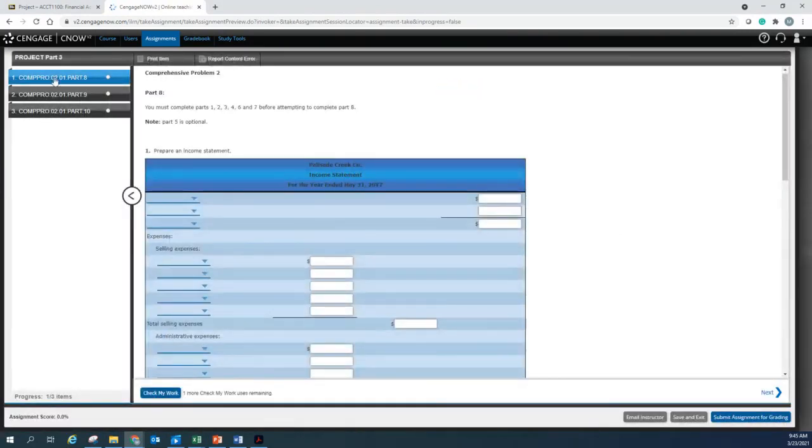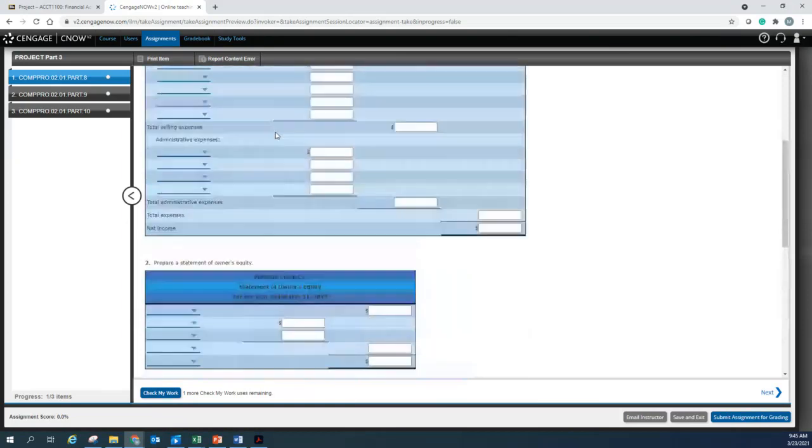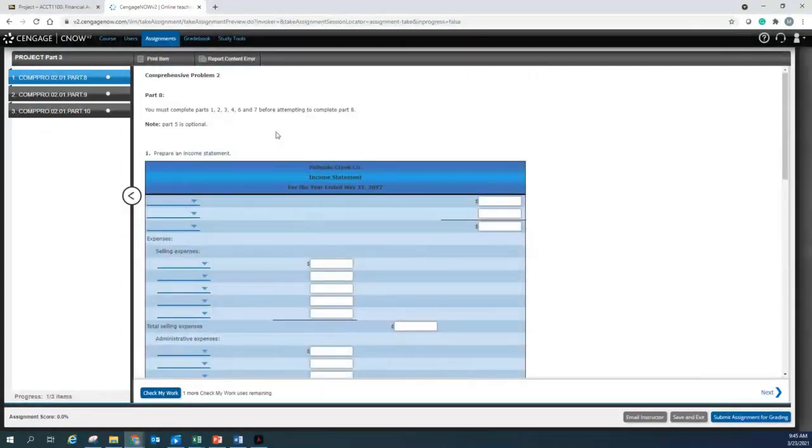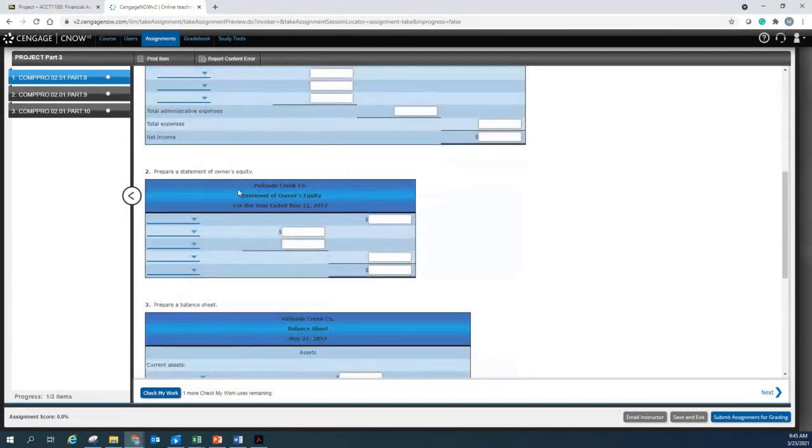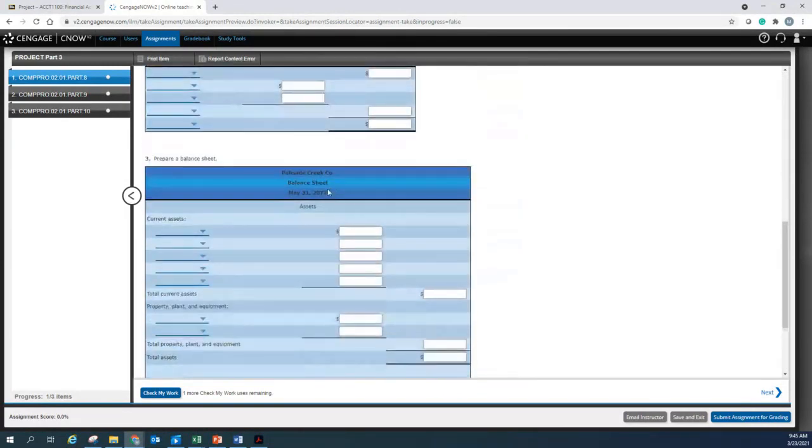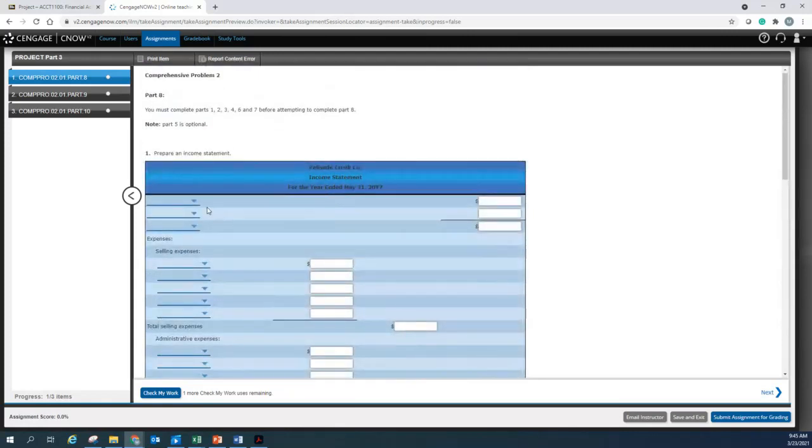And there are 3 tabs here. The first one that we are on, this is the financial statement, and there are 3 of them: income statement, statement of owner's equity, and the balance sheet. And it's all dropped down, so it's very efficient for you.